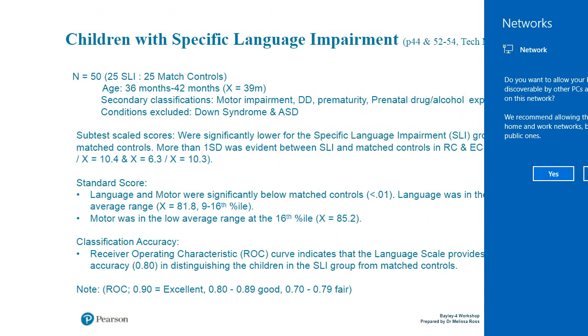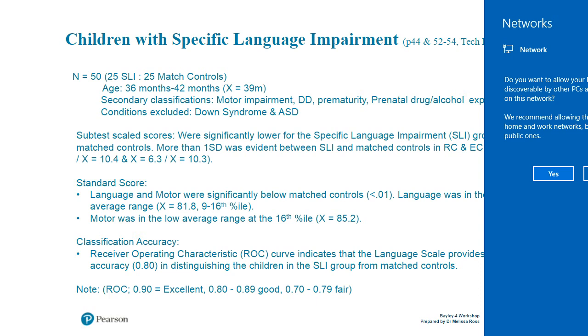For a sample of 50, including 25 children with specific language impairment and 25 matched controls with a mean age of 39 months, subtest scale scores were significantly lower for the specific language impairment group than matched controls. More than one standard deviation was evident between specific language impairment and matched controls in receptive communication and expressive communication.